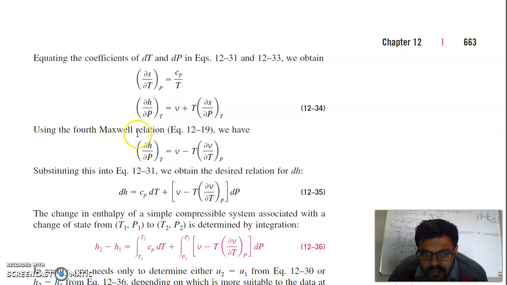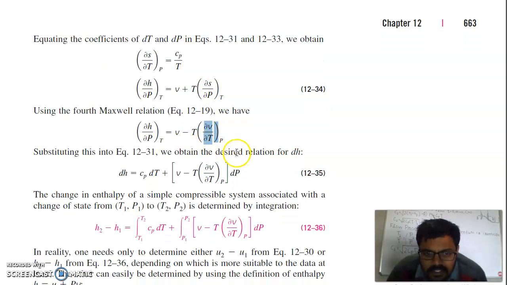Now using the Maxwell fourth relation, del H by del P at constant temperature will become V minus T, where del S by del P at constant temperature is equal to minus del V by del T at constant pressure. So this is the Maxwell fourth relation.